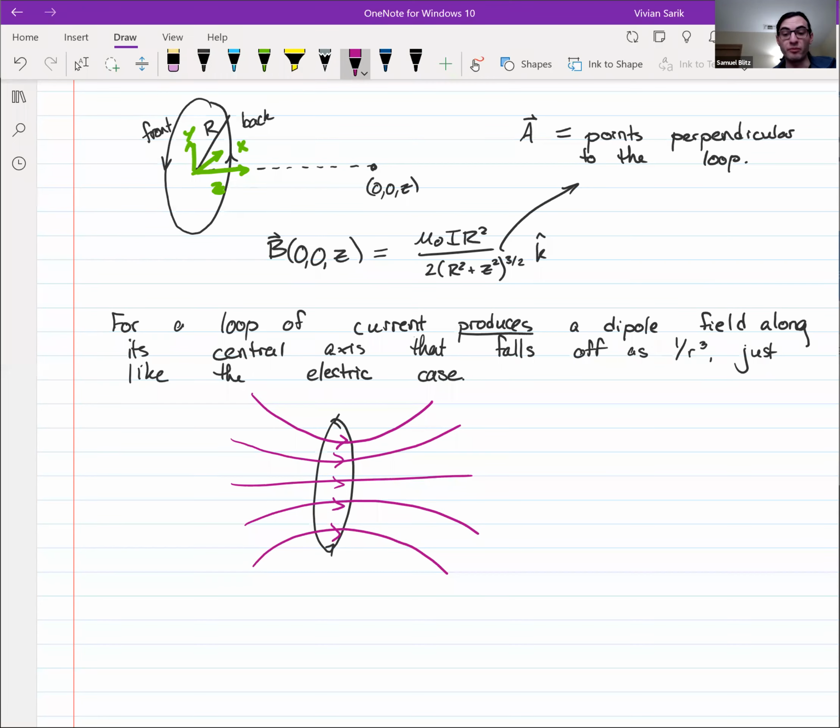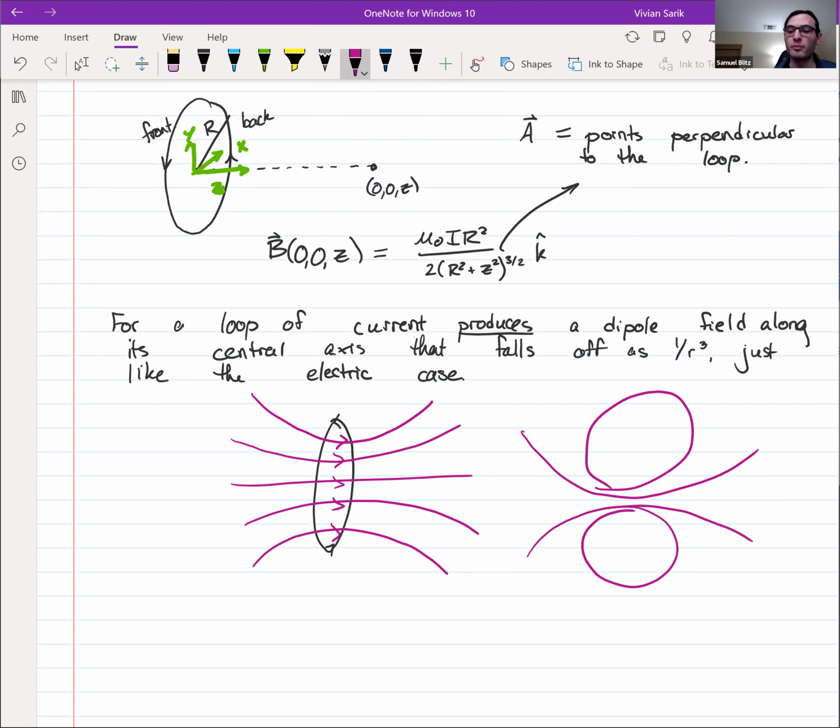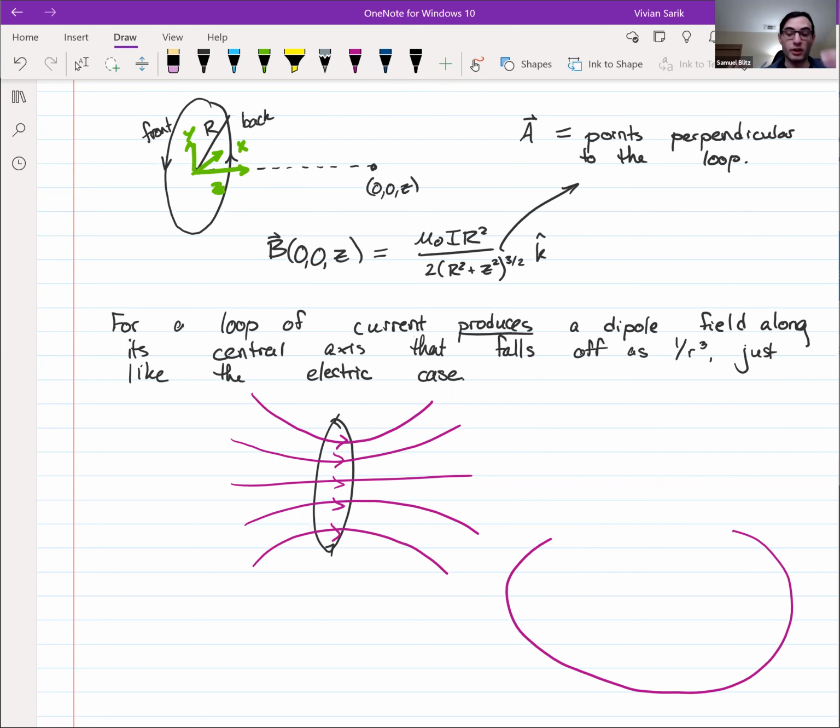And if you were to zoom out really far so that the loop looks small, this would look a lot like the field near an electric dipole, right? An electric dipole produces a field like this just as well, where these loop around and close up. So the relationship is there. And by the way, just so this picture is clear, say mu points this way in this case.